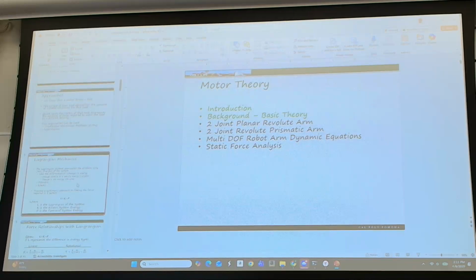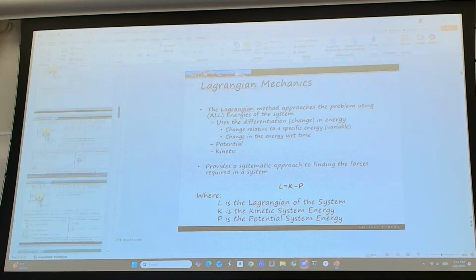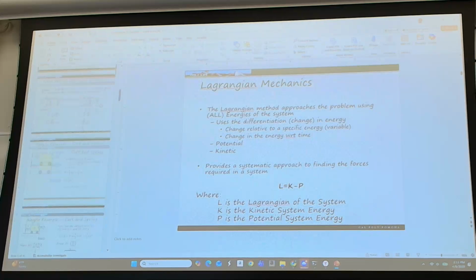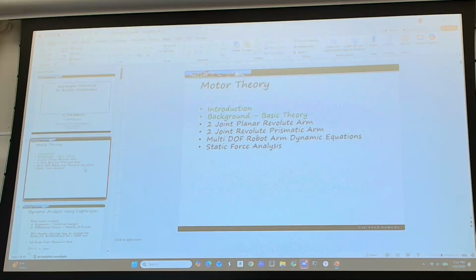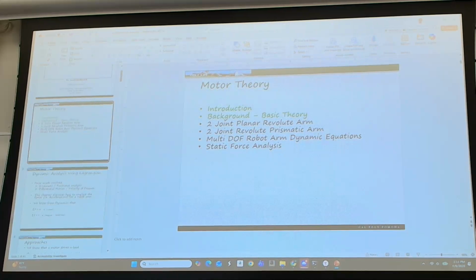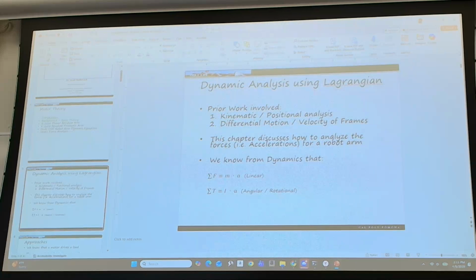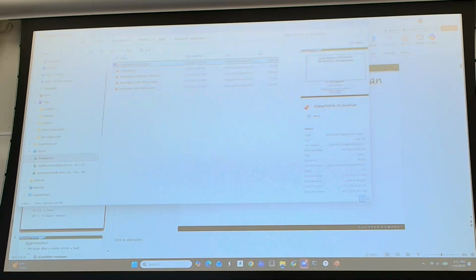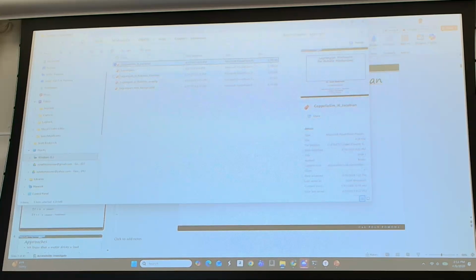It's Lagrange. I have no idea what that is. Okay, so what we're going to talk about is traditionally motor theory. That's even funnier. Let's just go to... These are labeled very oddly.